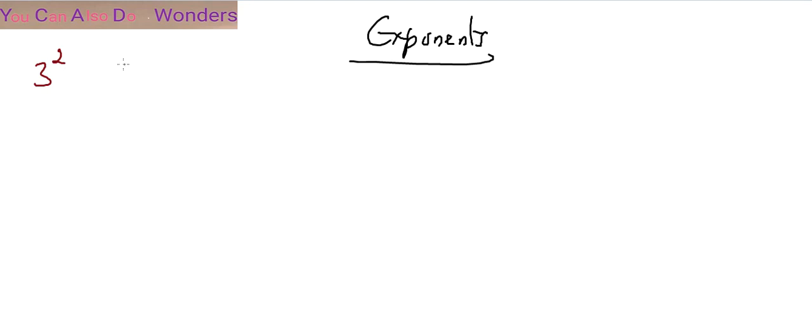Here 3 is called the base and 2 is called the exponent. There are other names for exponent.